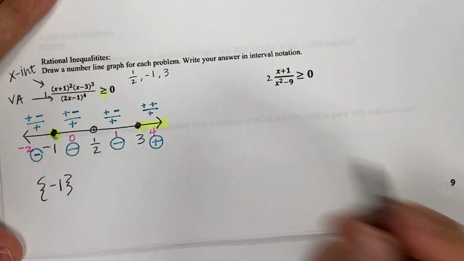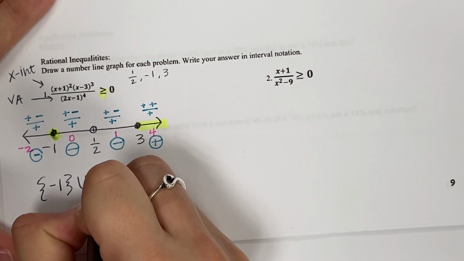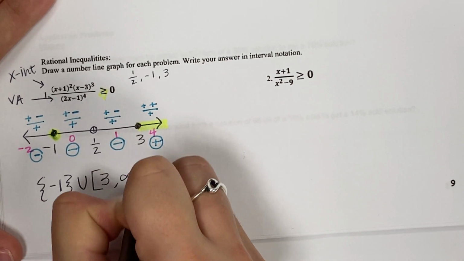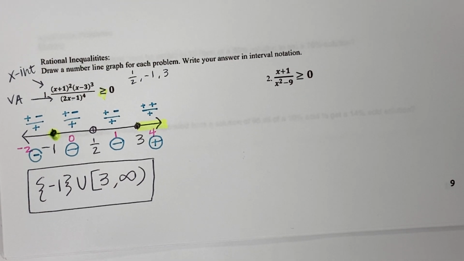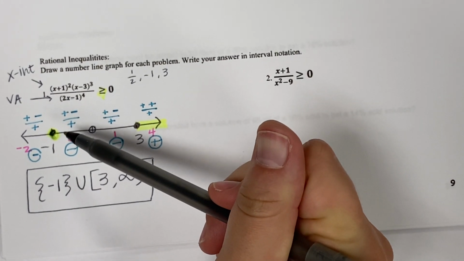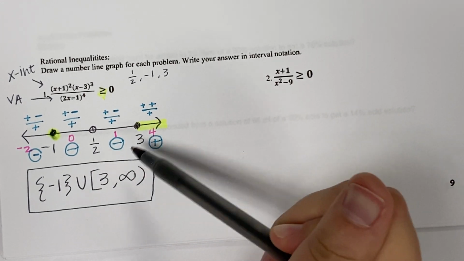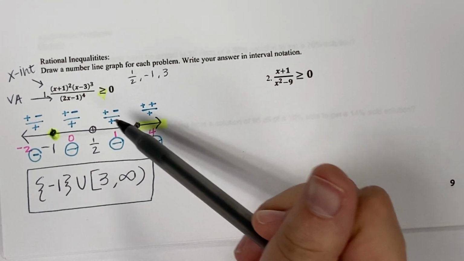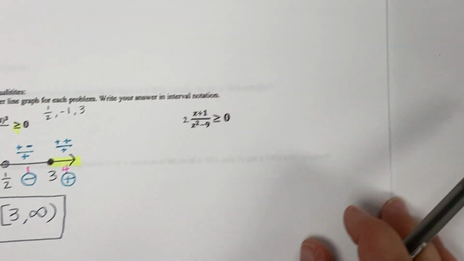So I'll put negative 1, union, and then I'll write my interval, hard bracket 3 to infinity. So again, if you just have a number, when it's just the equal to, you use the little curly brackets. And then we used a hard bracket for 3 because it was a closed point and I wanted the equal to. Okay, let's do one more together.